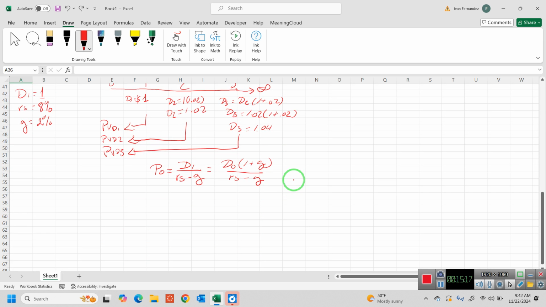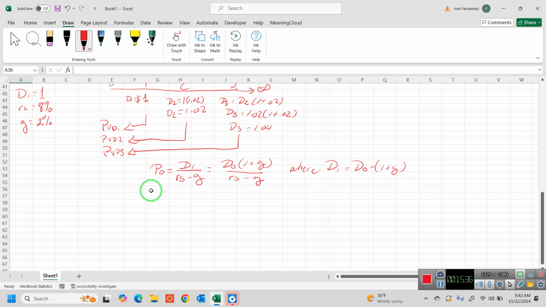Where D1 is just D0 times the growth, okay?